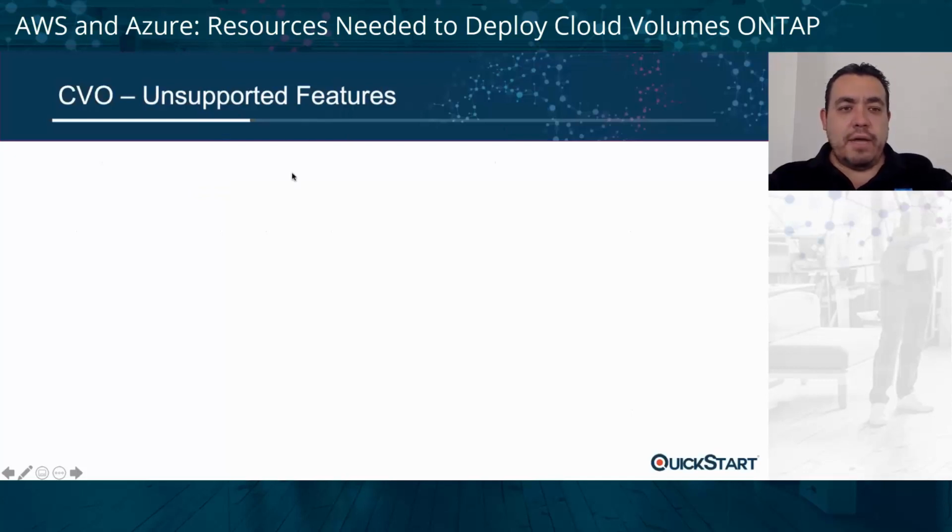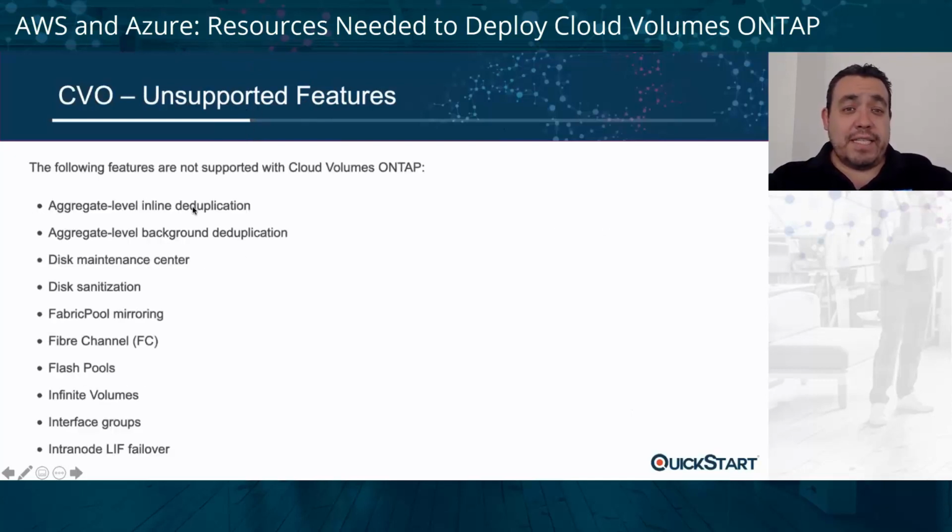Now, some things that you cannot enable on CVO. Let's go and see the unsupported features on CVO. They don't have, because it's not needed, aggregate level inline deduplication or background deduplication. They don't have the maintenance center because we have no physical drives. Those are EBS, and that's why we don't need sanitization or FabricPool.